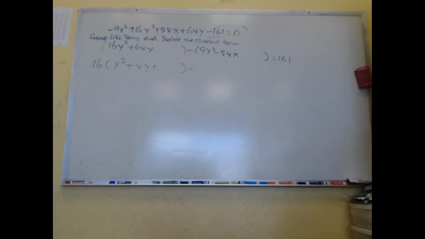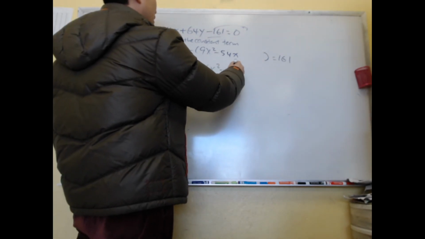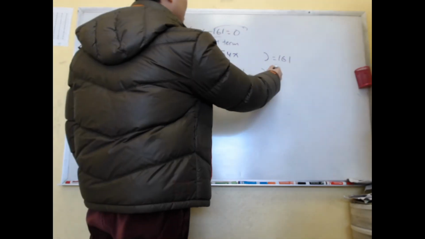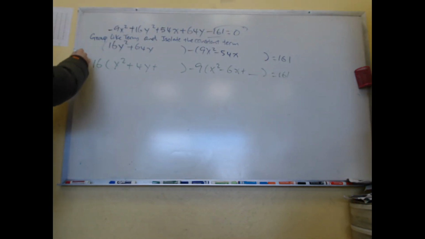And now, what about the second group? Greatest common factor? 9. So x squared minus 6x plus blank. Okay, so we took out the GCF.